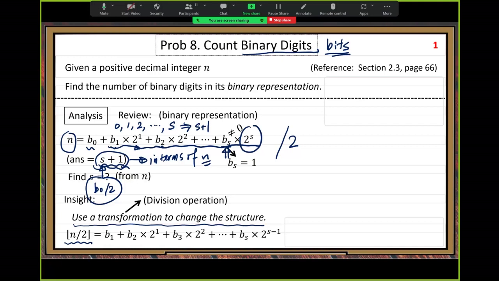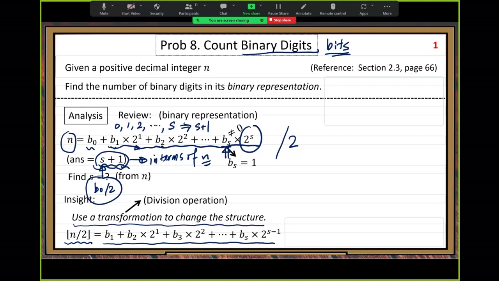The remaining terms, with division by 2, give us this representation. Now, when we compare this representation with our original representation, you can see some nice property.